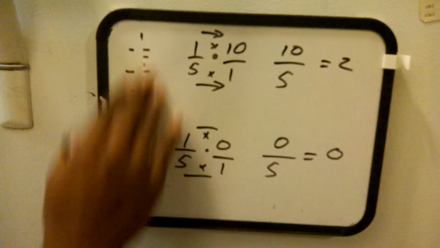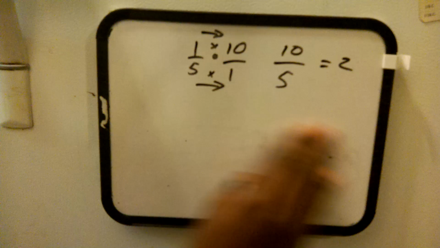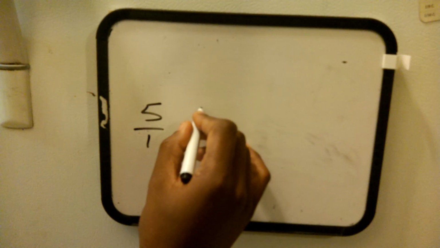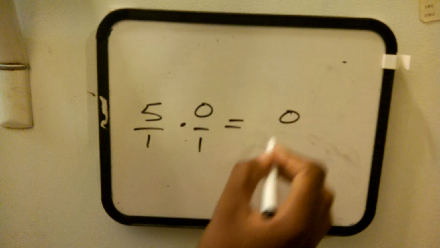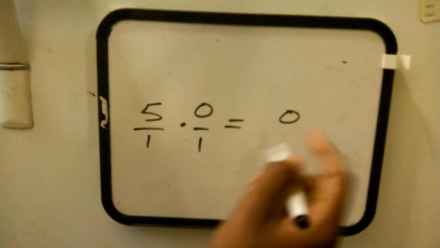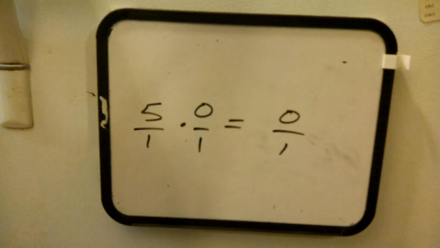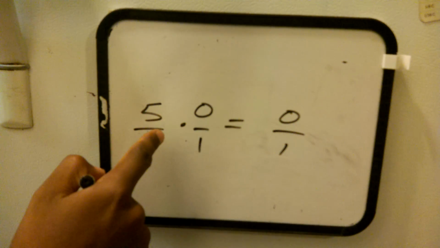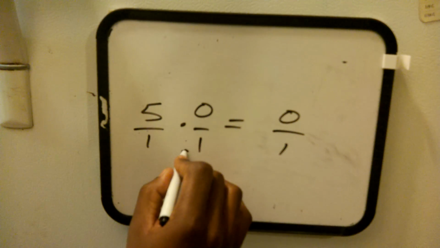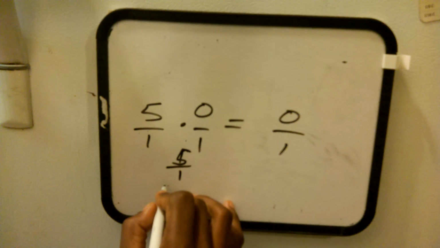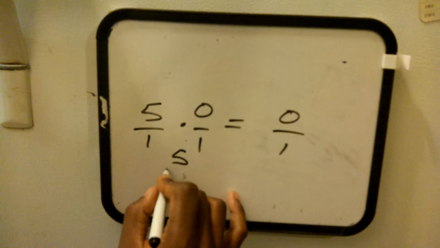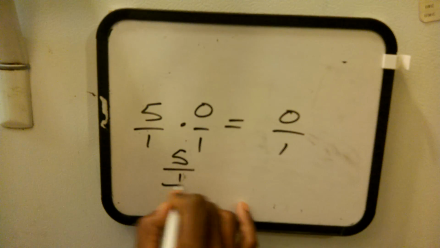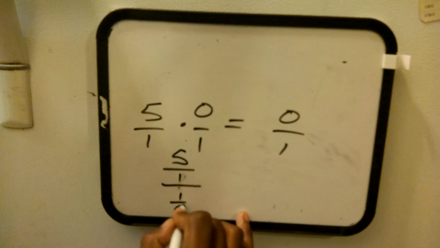So I'm going to give you another example, okay? It's the same concept. Let's say 5 divided by 1 times 0 over 1. What does that equal? We will say, oh, that's 0, because 5 times 0 is 0, and 1 times 1 is 1. But really, what we just said is that that is 5 divided by 1 divided by 1 over 0.